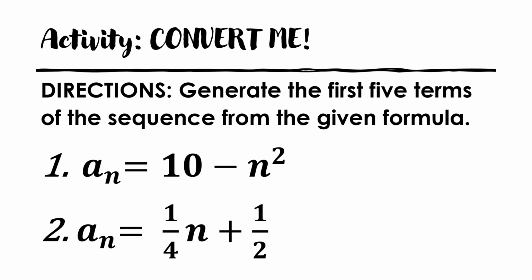Generate the first 5 terms of the sequence given the formula a sub n is equal to 1 over 4n plus 1/2. Take some time to pause this video to answer the activity.